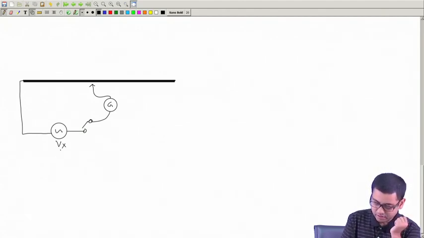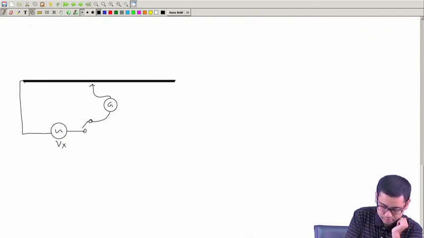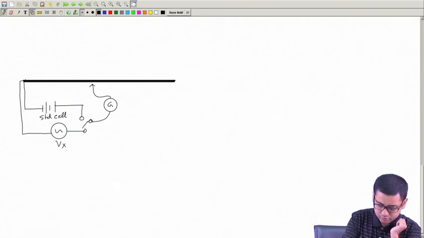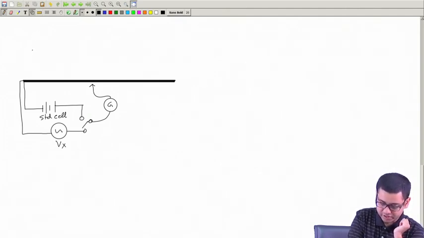And you also possibly recall that we need a standard cell for the calibration. So this is the standard cell, and then we need the power voltage supply for this wire. Of course we will again need two voltage supplies, one for standardization, which will be a DC.